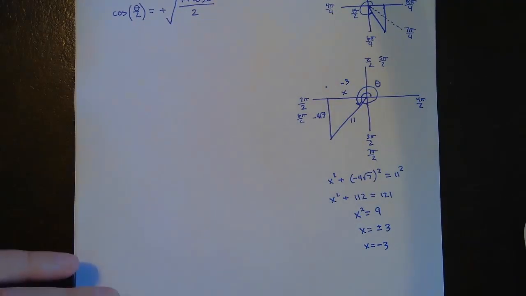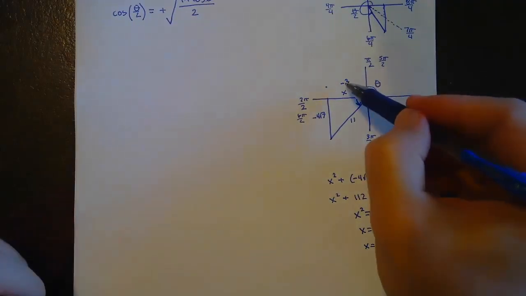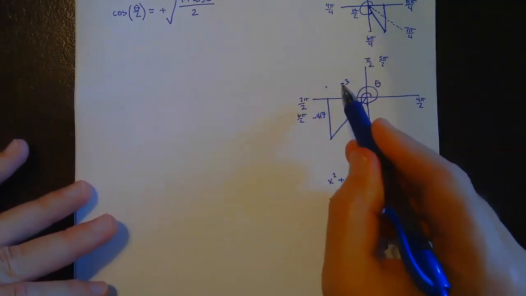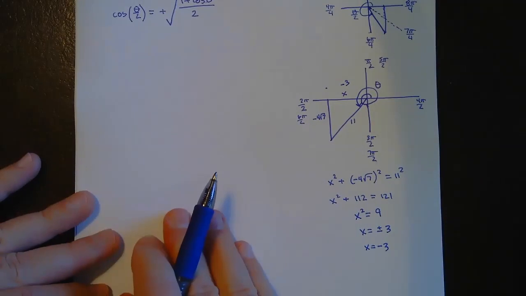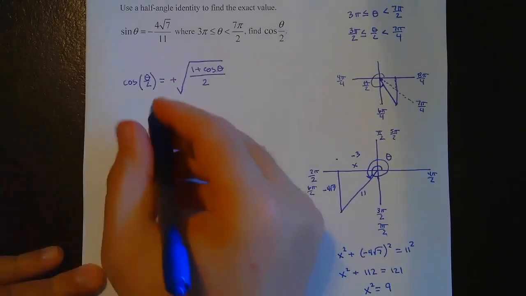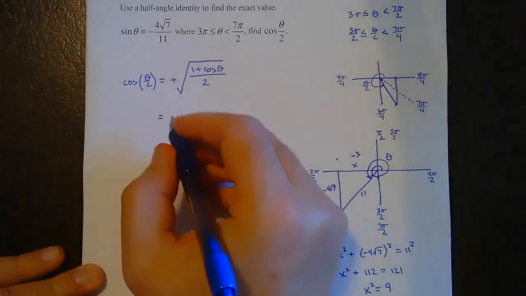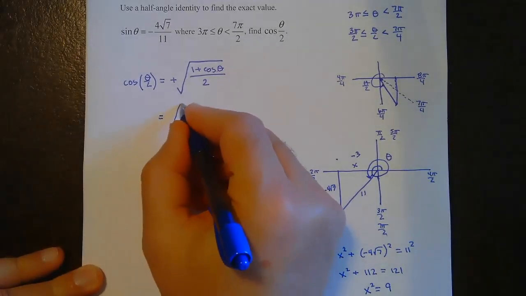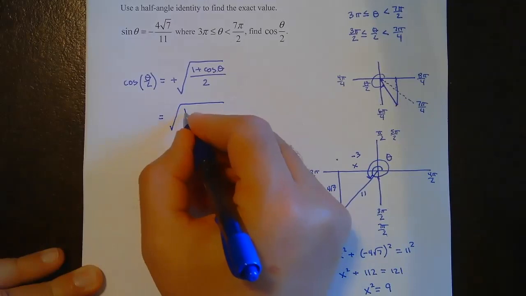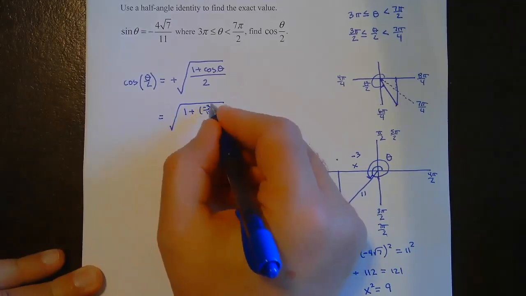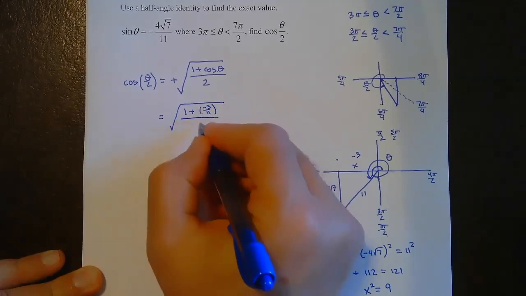Now I know that's negative 3, and I can find cosine of theta. Cosine of theta is just negative 3 over 11. So back up here, all of that just to get started. This is equal to the square root, I'm not going to put the plus here now, of 1 plus negative 3 over 11, all over 2.